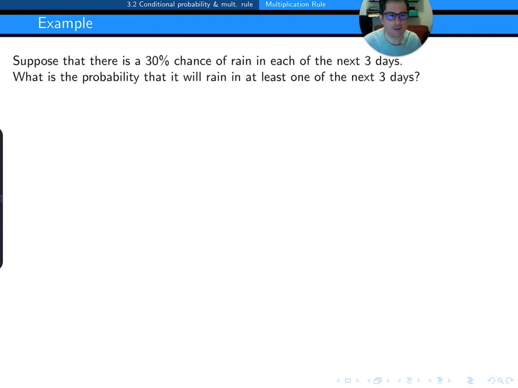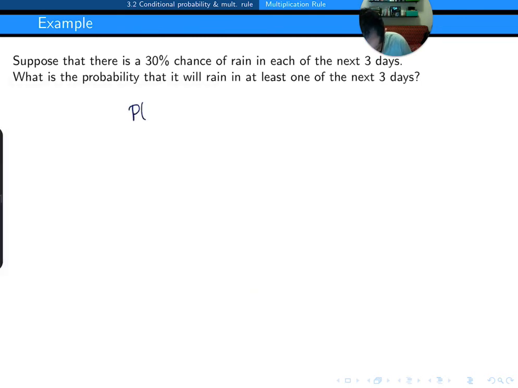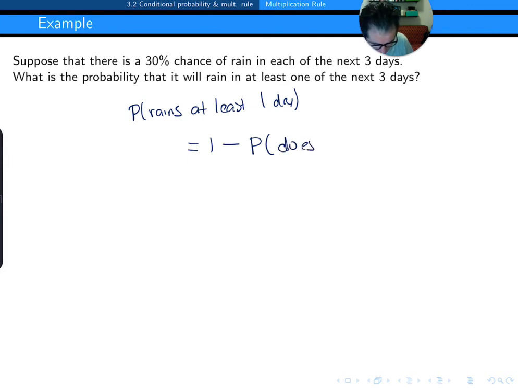So here's again, it's better to find the complement. Okay, it says at least one, so the probability that it rains at least one day is equal to 1 minus the probability that it does not rain on any of the 3 days, right?